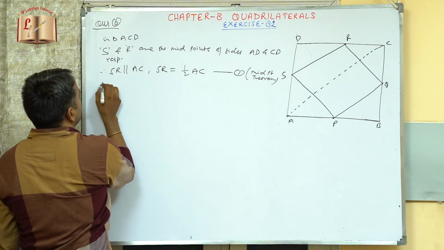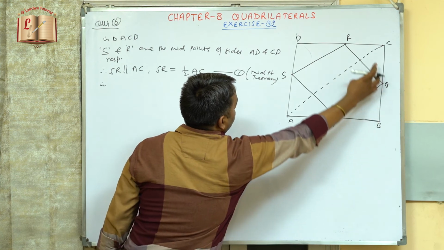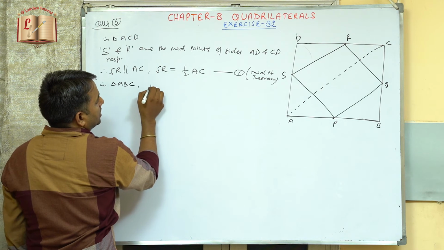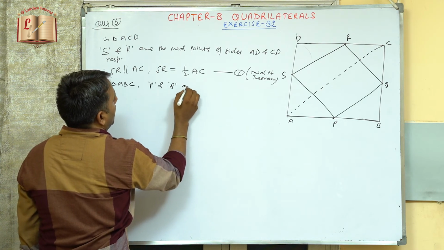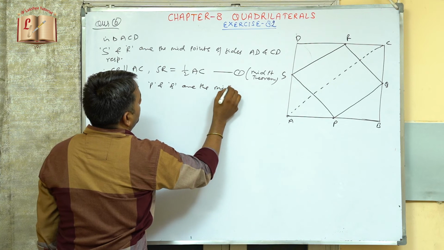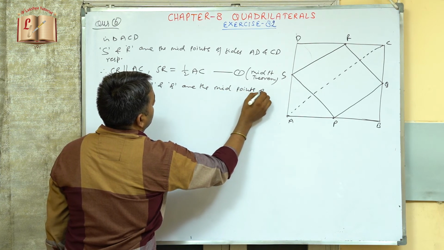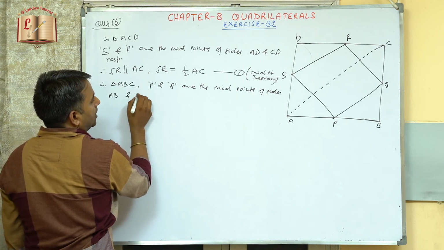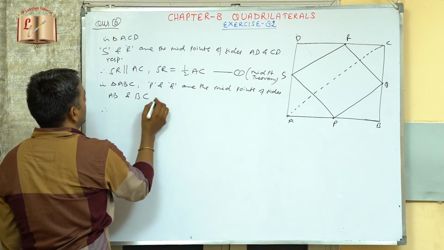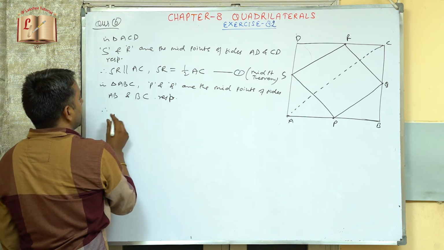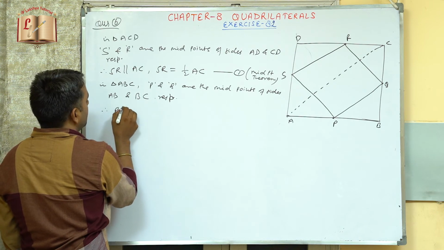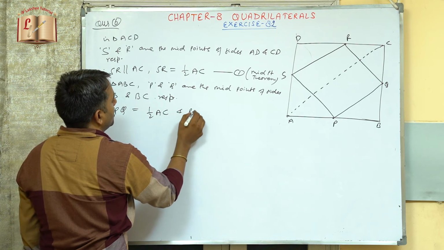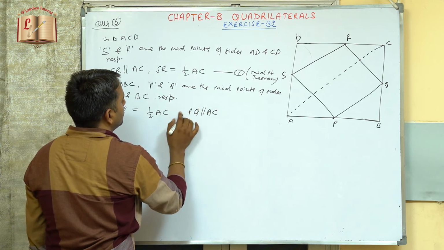Now similarly coming to the next triangle, in triangle ABC, P and Q are the midpoints of sides AB and BC respectively. So therefore, I can write PQ is equal to half of AC and PQ is parallel to AC.